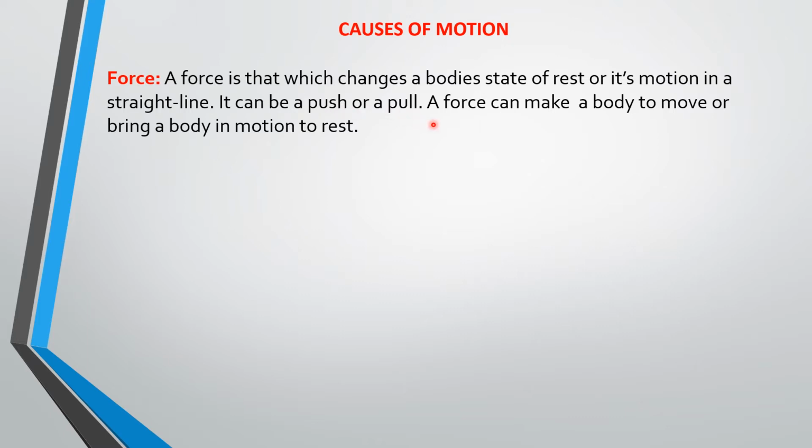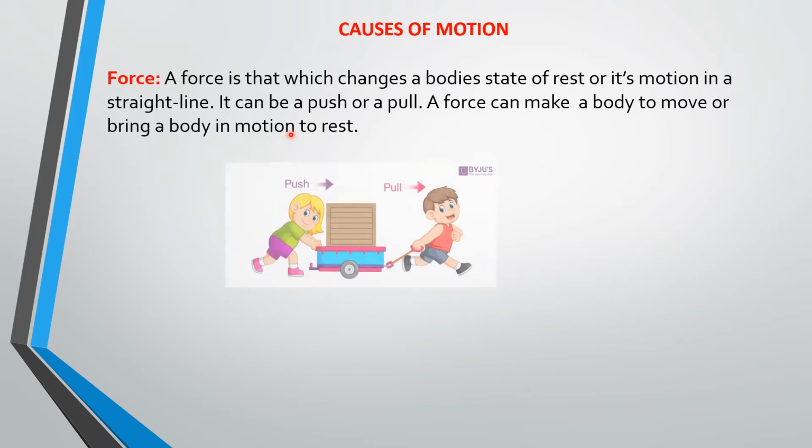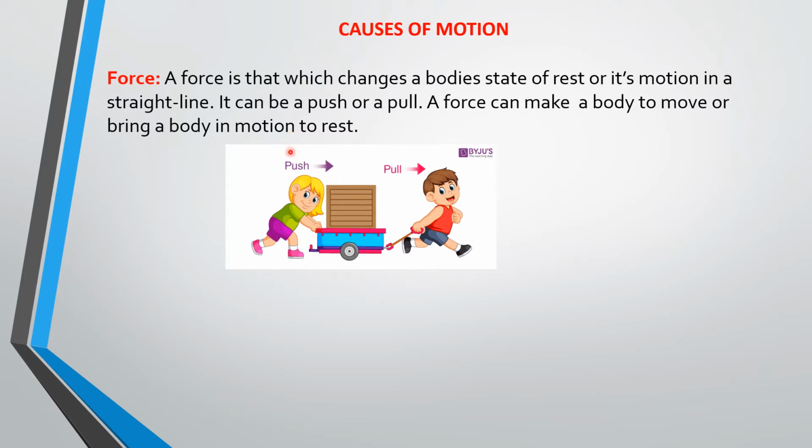And then a force can make a body move, or bring a body that is already in motion to rest. All right? So a body that's already in motion can be brought to rest by a force. So a force is one of the factors that causes motion.